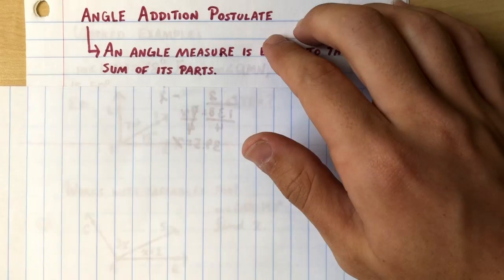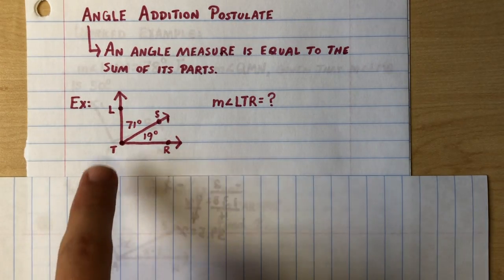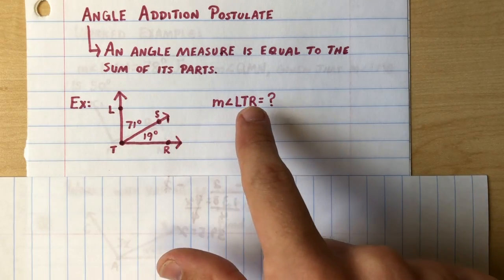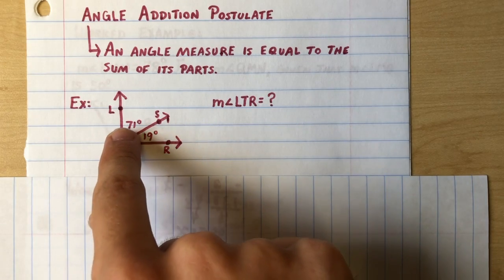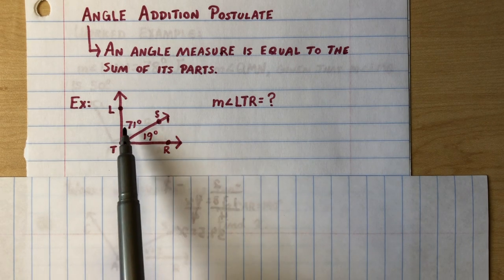It's very simple. So for instance, if I have this example right here, I have angle LTR, and I want to know the measure of angle LTR. But it doesn't give it to me. Instead, it gives me just the two parts that make it up. Well, like I said, the angle addition postulate simply says that an angle measure is equal to the sum of its parts. So here are its parts.